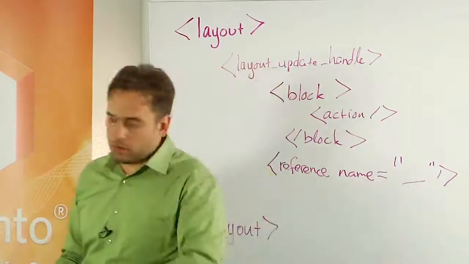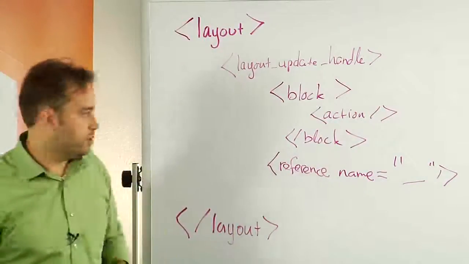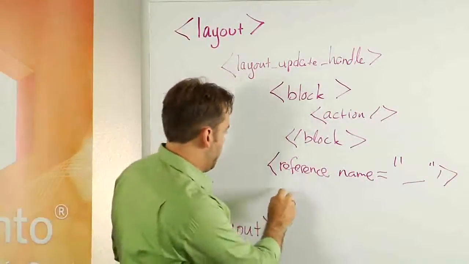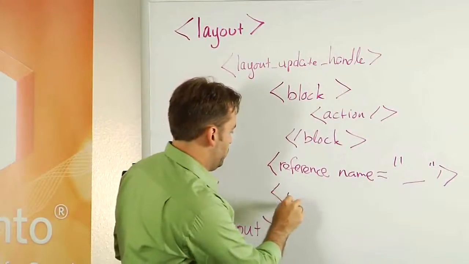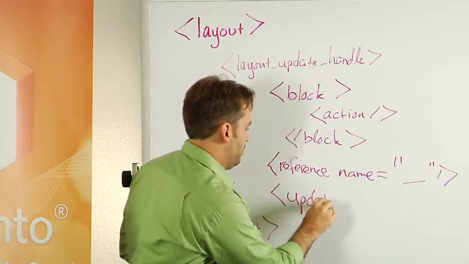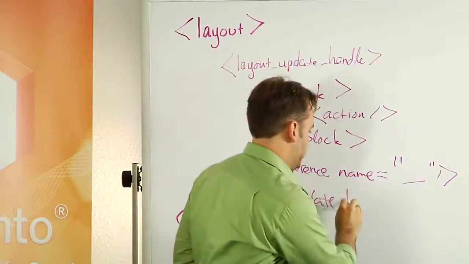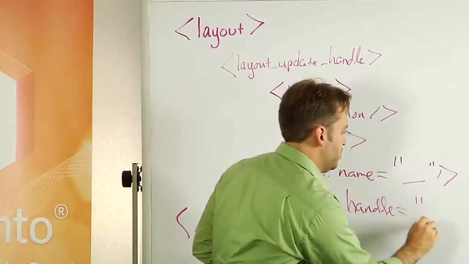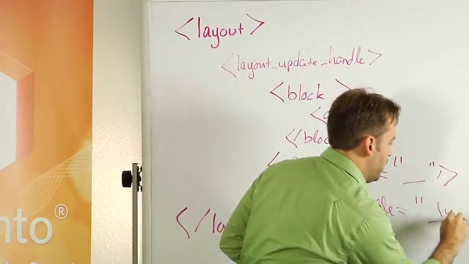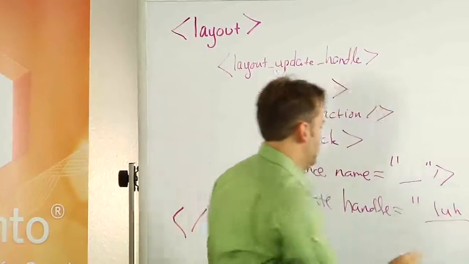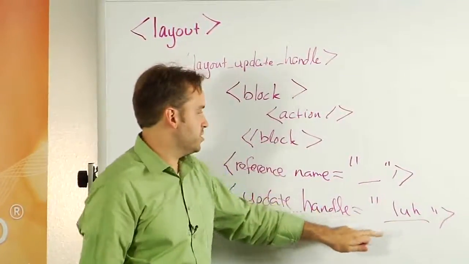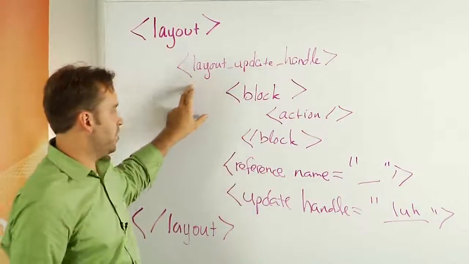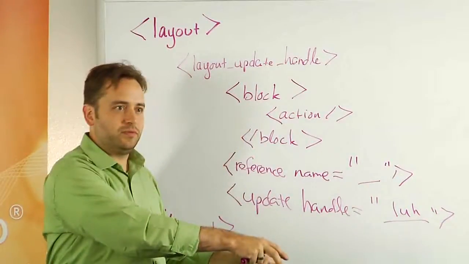Update is really cool, and so is remove. Update takes an attribute of handle, and this is going to be some other layout update handle. So I can reference some other layout update handle, and basically that's just like an include.